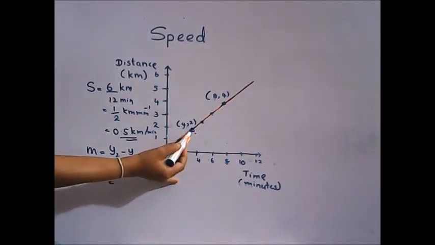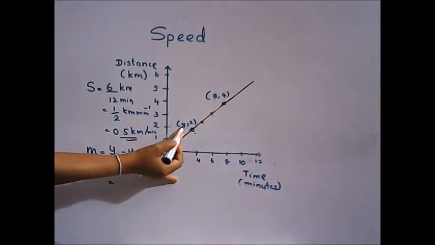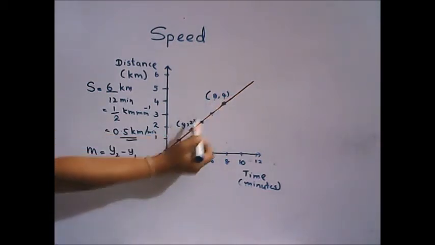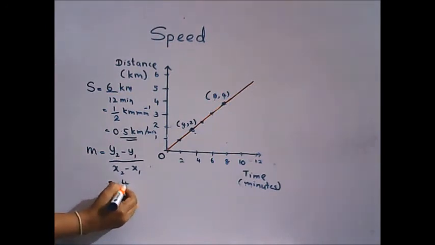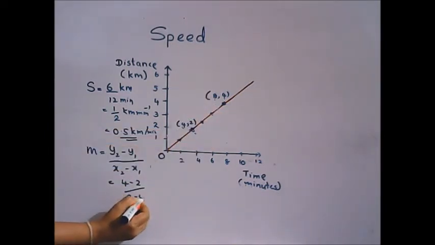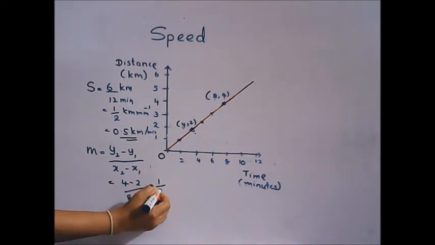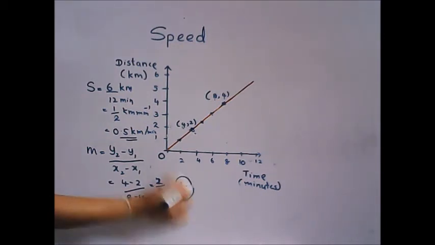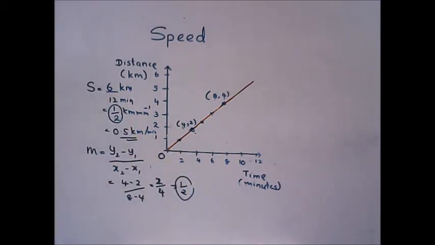In this point, the x coordinate is 4 and the y coordinate is 2. Difference of y coordinates, 4 minus 2, divided by difference of x coordinates, 8 minus 4, equals 2 over 4, which is half. Here we get the same answer.